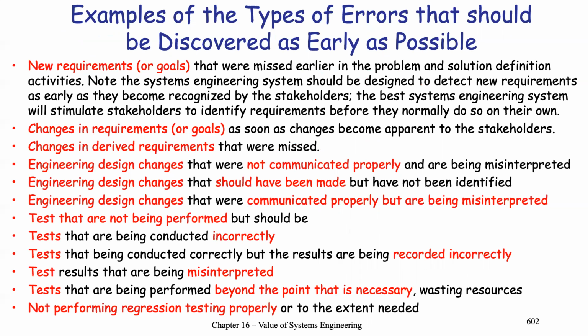New requirements or goals that are missed, changes in requirements or goals, changes in derived requirements, engineering design changes that are not communicated properly, engineering design changes that should have been made, engineering design changes that were communicated properly but were being misinterpreted, tests that are not being performed, tests that are being done incorrectly, tests that are recorded incorrectly, tests that are misinterpreted, tests that are beyond the point that is necessary, and not performing regression testing properly to the extent needed when something takes place, a concern or an error or a fault.